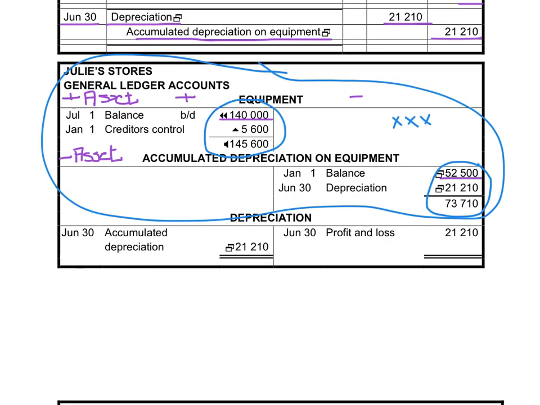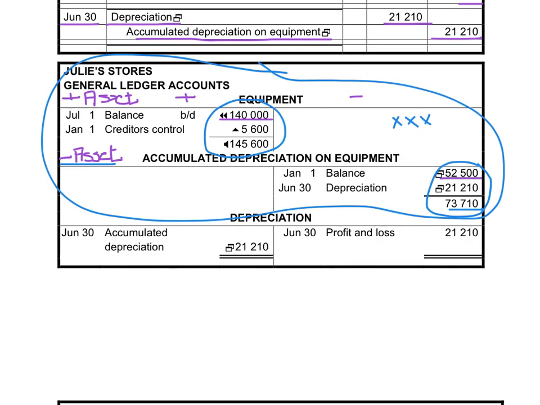Therefore, we open a separate account for accumulated depreciation for financial statement purposes, but the principle is that equipment is the positive asset where I increase my assets, and accumulated depreciation is my negative asset where I will decrease my asset on the credit side.